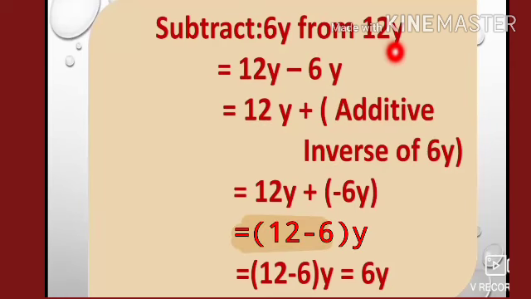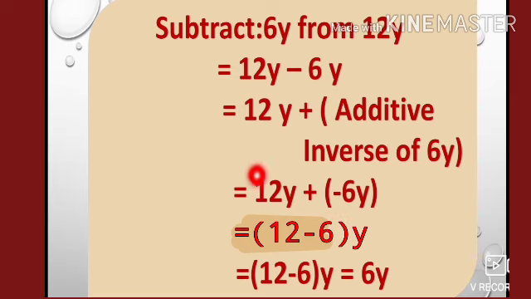Subtract 6y from 12y. That is, we can write it as 12y minus 6y. That is, we are subtracting 6y from 12y. The same procedure needs to be followed. That is, when we subtract, we need to add the additive inverse of the second term. So here we need to add 12y with the additive inverse of 6y, which is minus 6y.